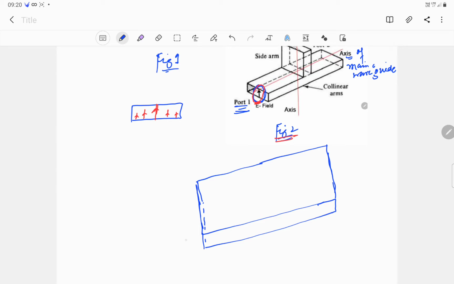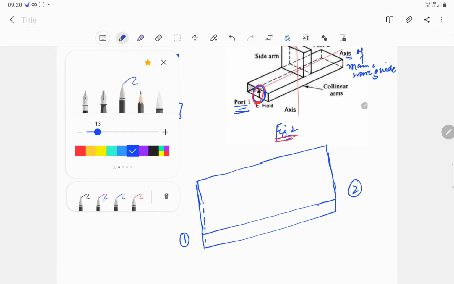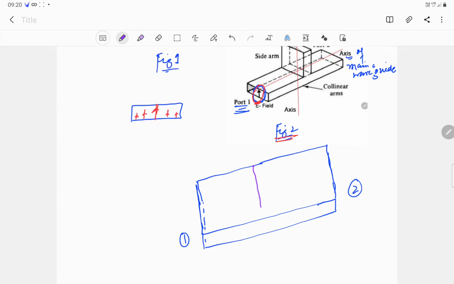This is port 1, this is port 2. What we do is that we cut a slot along the broader dimension of this rectangular waveguide. We cut a slot as is shown here. This is the slot that we cut.